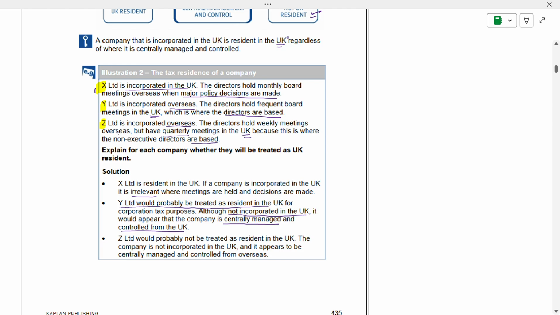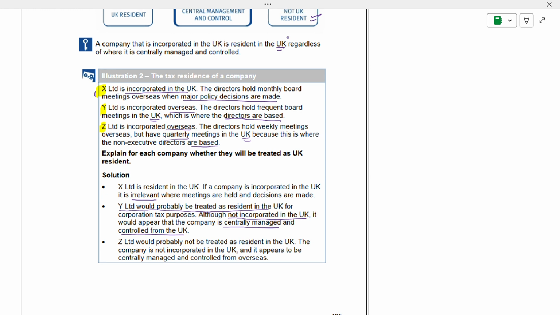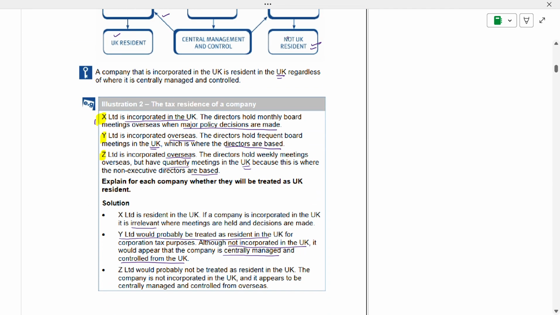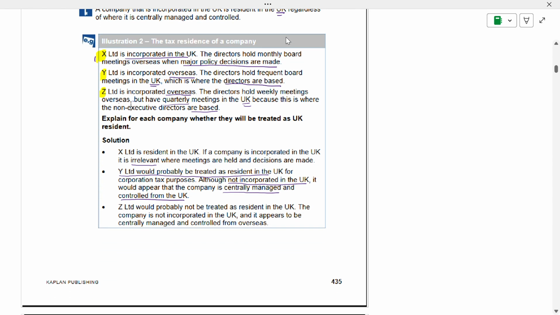Z is incorporated overseas. Directors hold weekly meetings overseas and quarterly meetings in the UK, because this is where the non-executive directors are based. What is the reason? The non-executive directors are in the UK, not the directors.